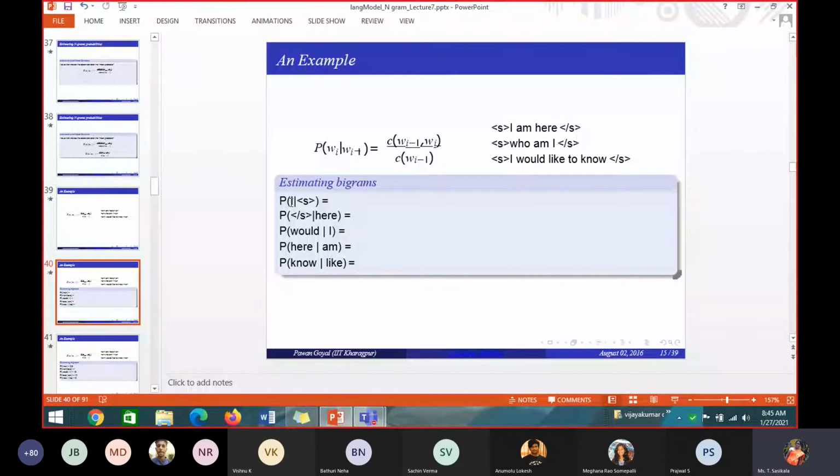First I find the count of how many times the start of the sentence occurs. Among those, I find how many times I occurs after the start of the sentence. That is the probability of I given S. This is the bigram probability.